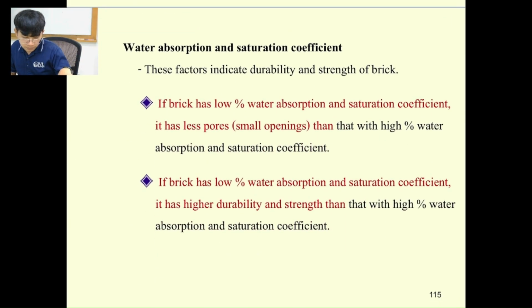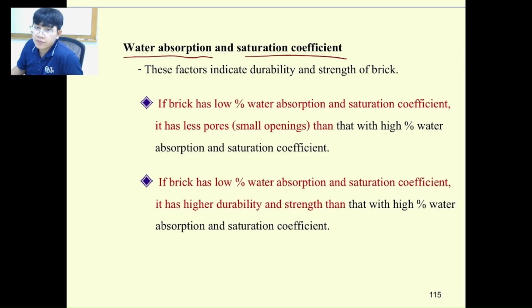Two parameters are water absorption and saturation coefficient. You may have experienced this already in the concrete lab, where you weigh the brick, put it in the water, take it back, dry the surface, and measure it again. That also tells a lot.